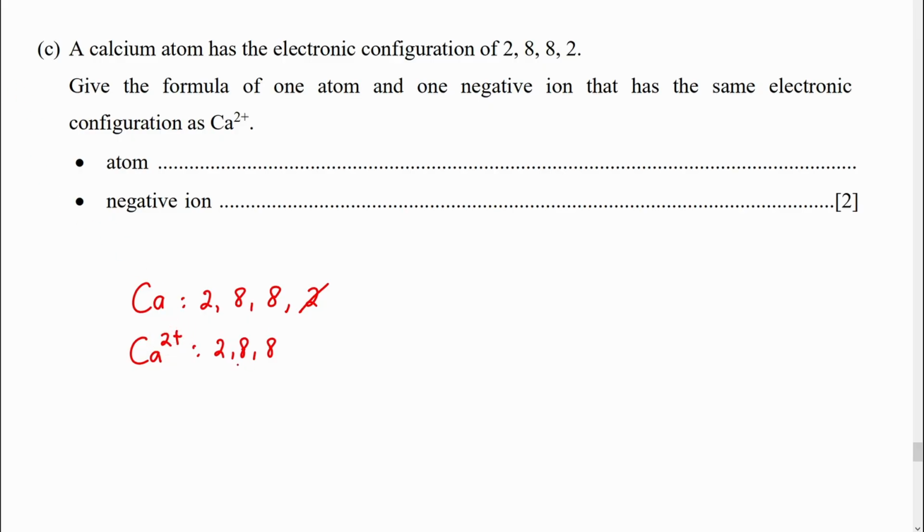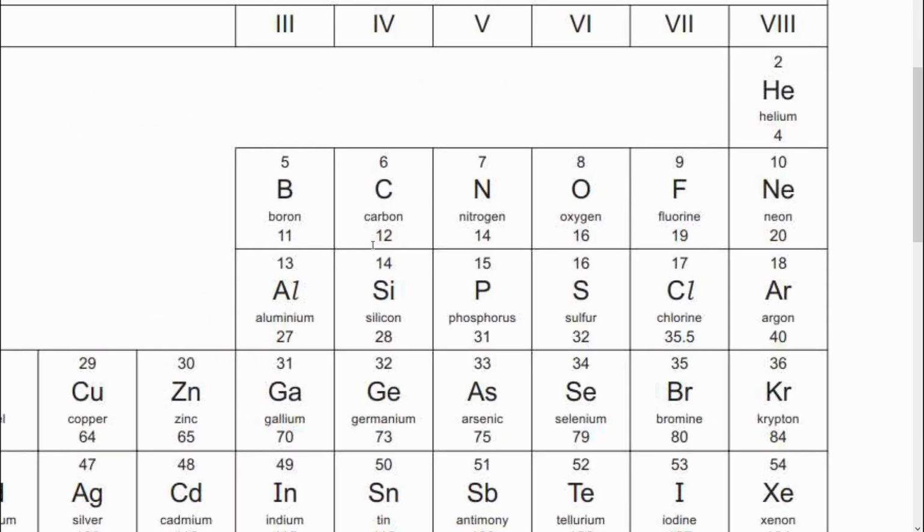Okay, so the total number of electrons right now is 2 plus 8 plus 8, which is 18, right? So what is the atom that has the same proton number of 18? If you check in the periodic table, who has proton number 18?